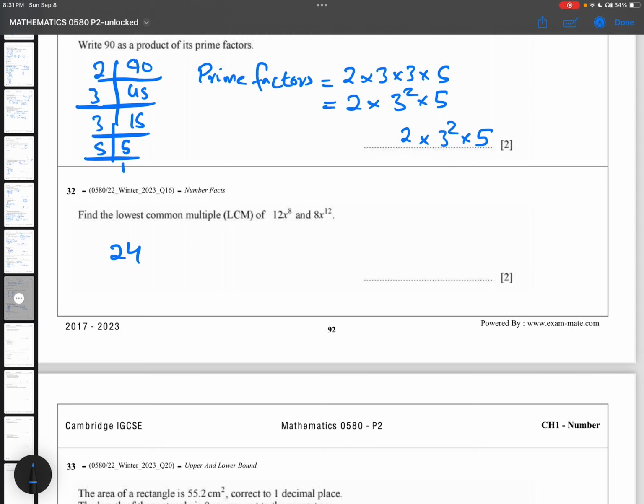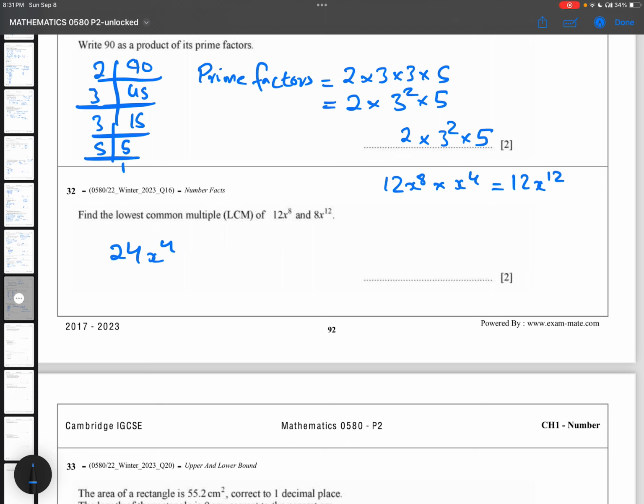If I multiply 12x to the power 8 by x to the power 4, I will get the same power for x, right? It becomes 12 into x to the power 12. So by multiplying it with x to the power 4, the powers become the same. So this will come in our LCM as well.